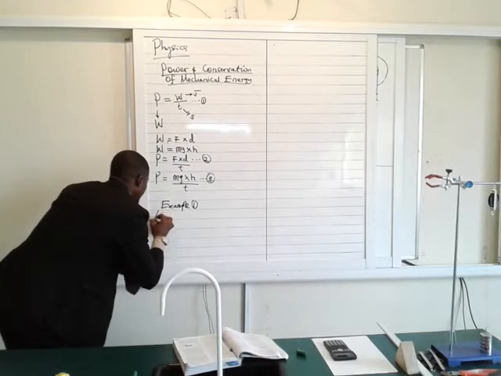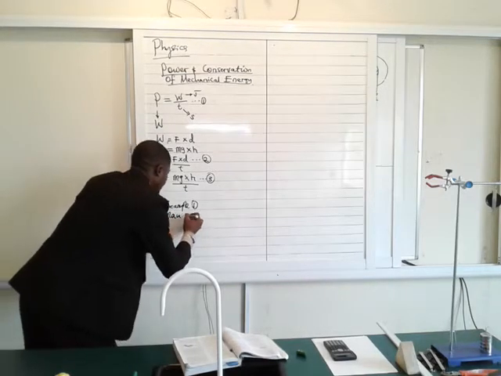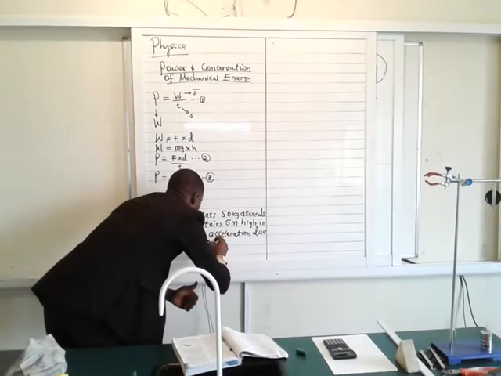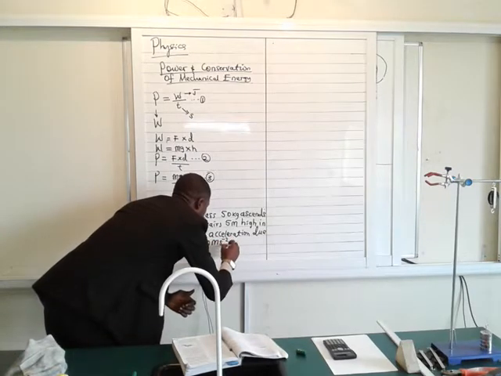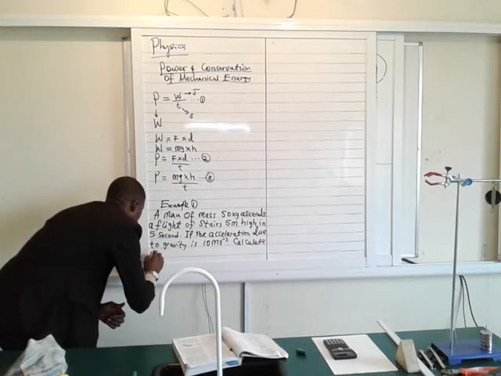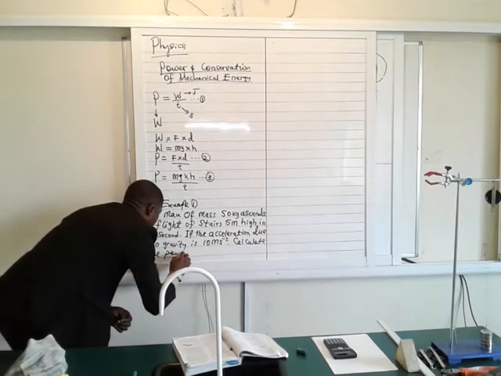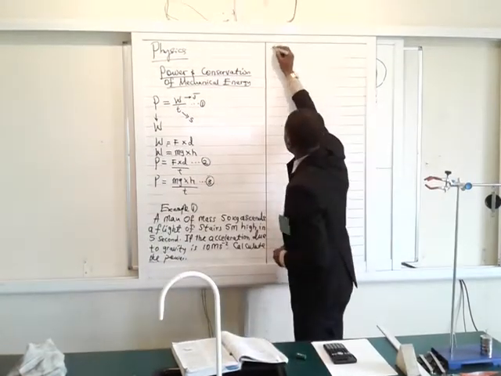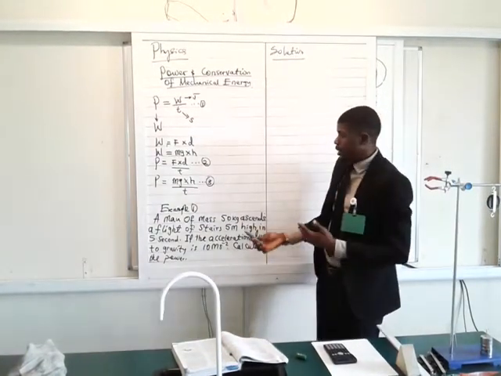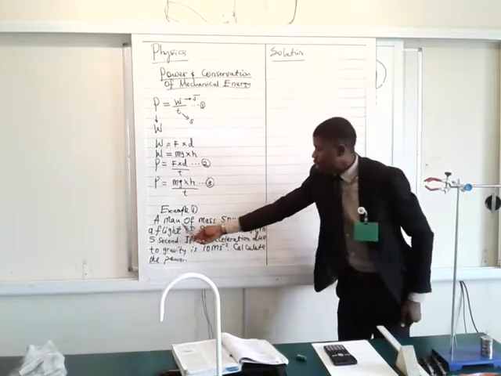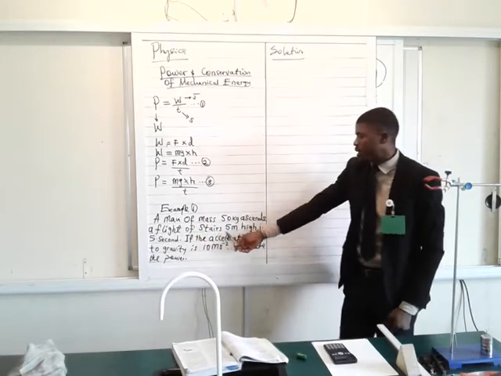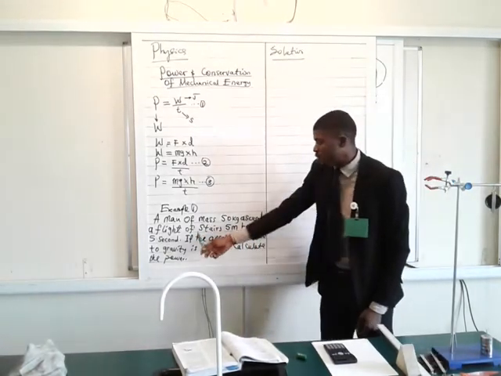As usual, let's read. A man of mass 50 kilograms ascends a flight of stairs 5 meters high in 5 seconds.